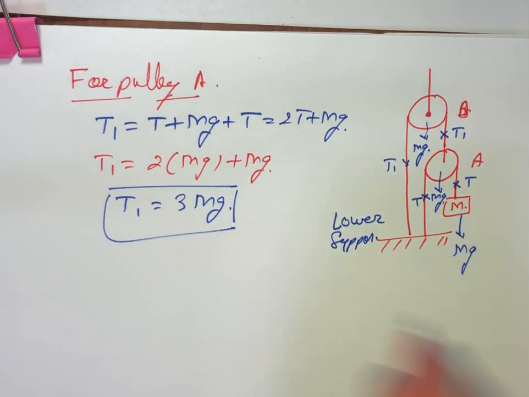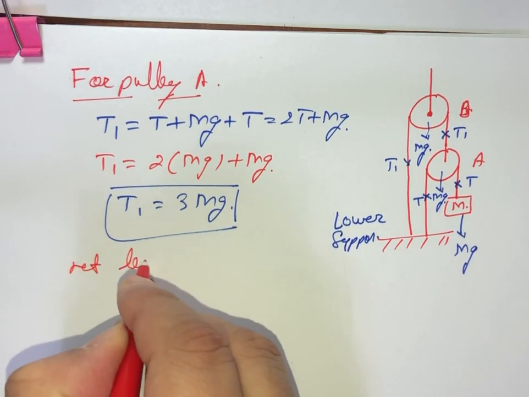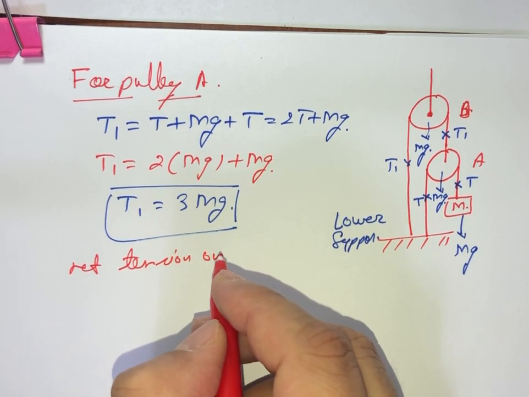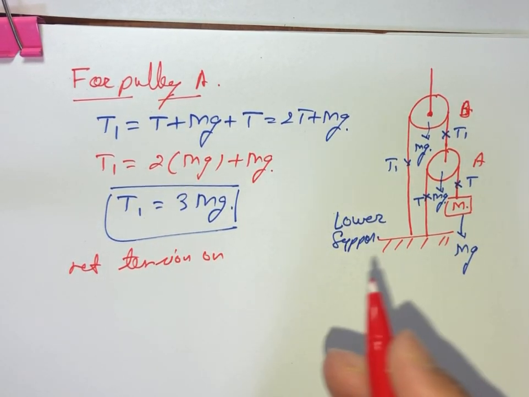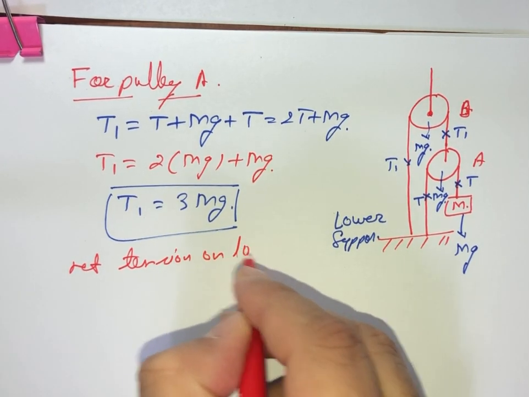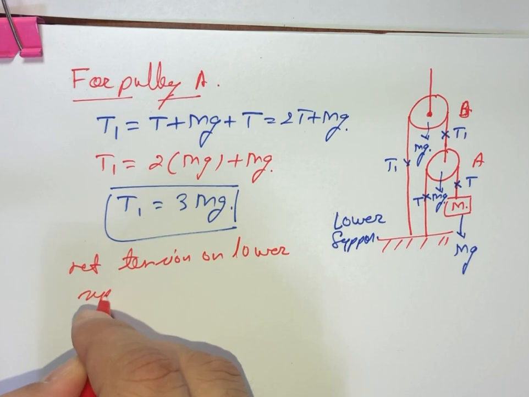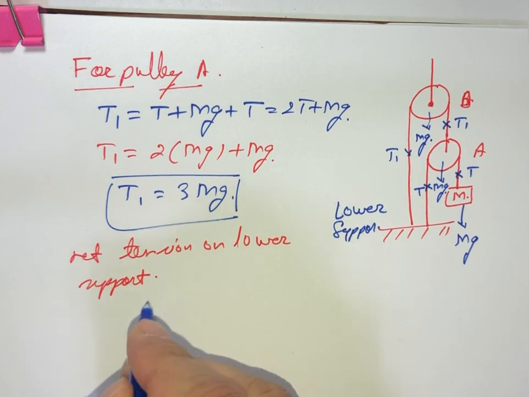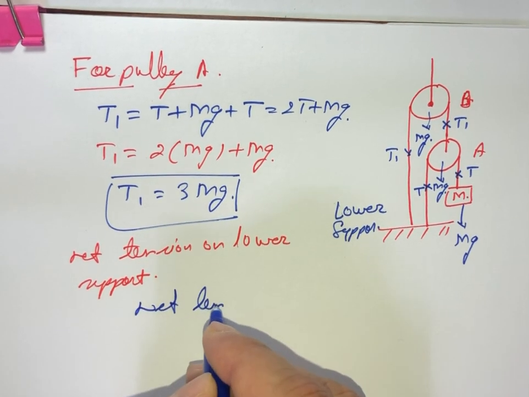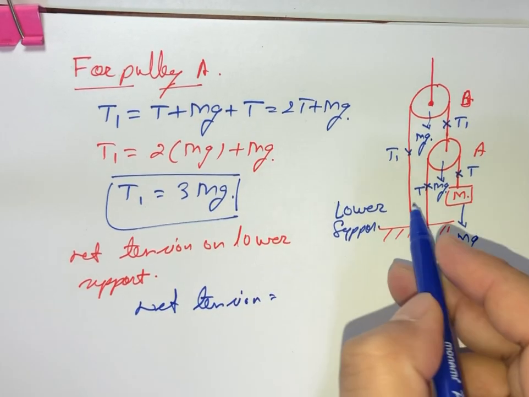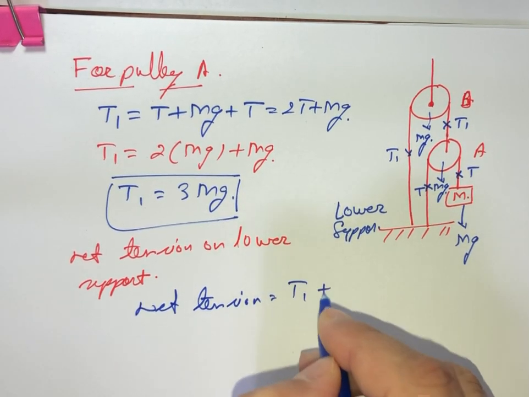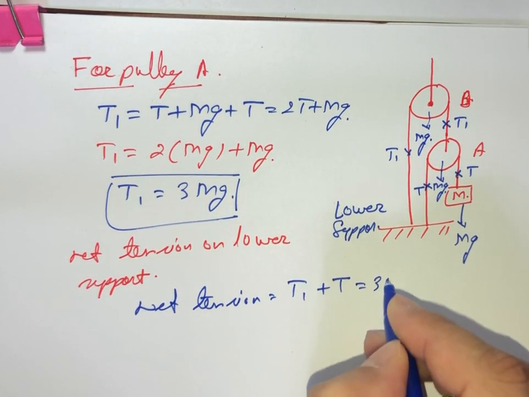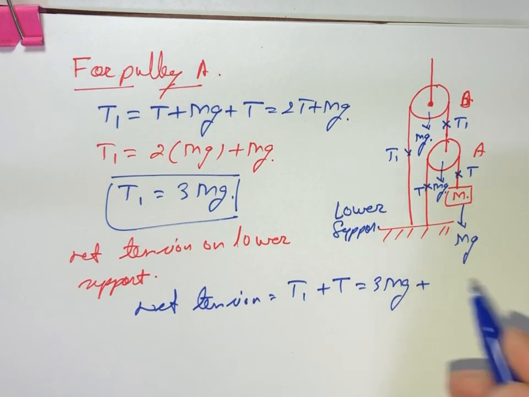So net tension on the lower support will be equal to T1 plus T. And T1 is 3mg and our T is mg.